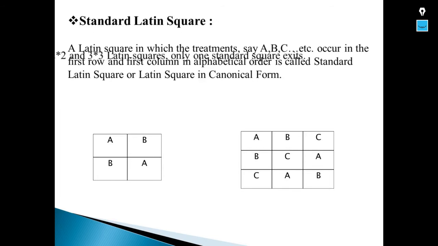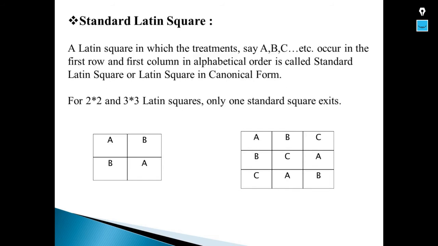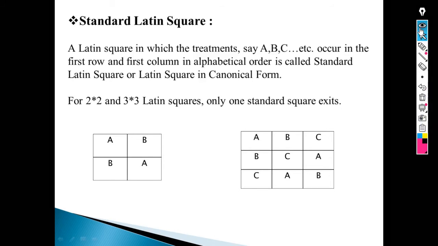So for 2 cross 2 and 3 cross 3 Latin squares, we get only one standard Latin square. So how do we get the standard Latin square? Suppose we consider a 2 cross 2 Latin square. It means we compare only two treatments.